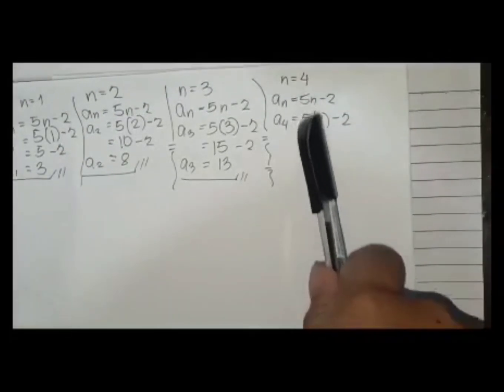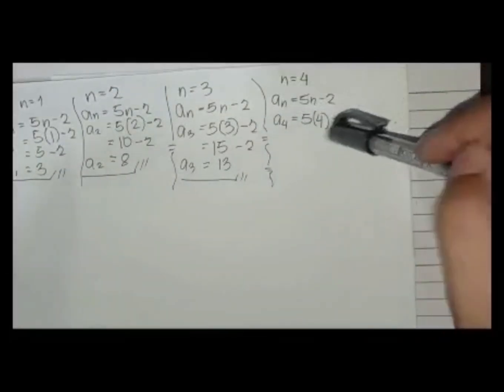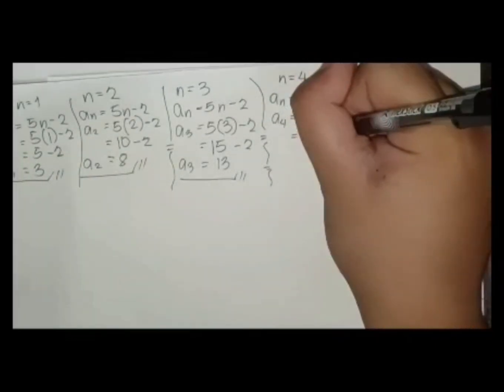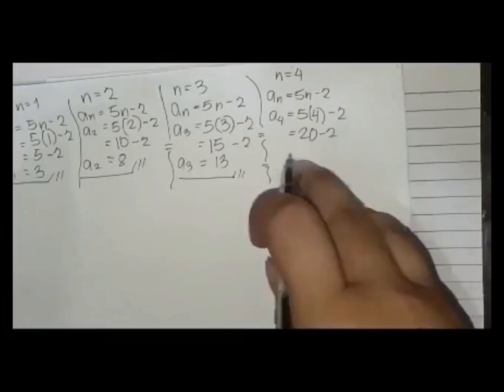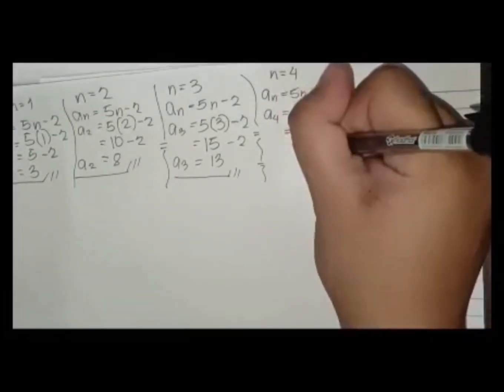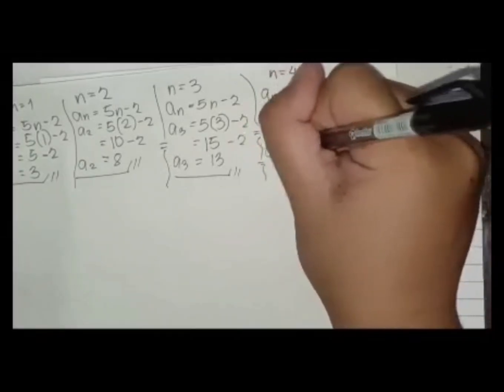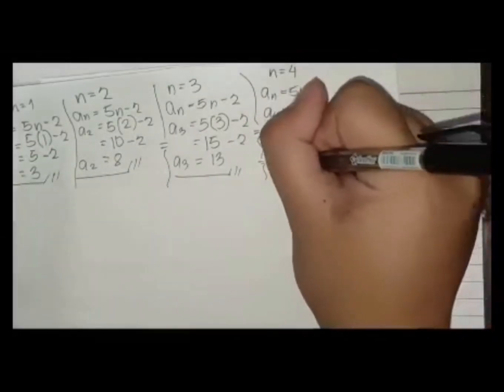As you can see, I substitute the value of our n here. So 5 times 4 is 20, minus 2. So 20 minus 2 is equal to 18. So the value of our fourth term is 18.